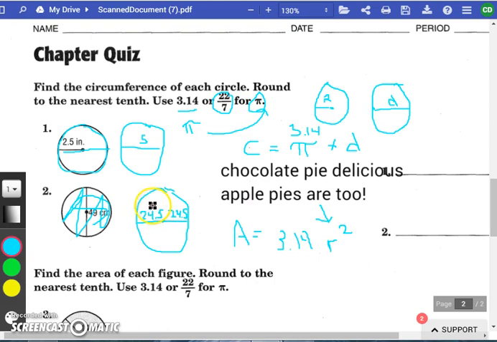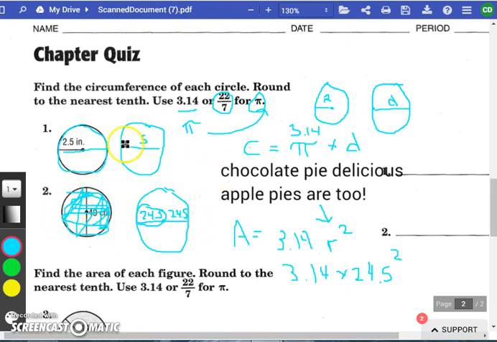Well, the radius, as you can see here, is 24.5, and once again, they didn't give you the radius, they gave you the diameter. What we would do is multiply 3.14 times 24.5 squared. So you multiply 24.5 times itself and then multiply it by 3.14, and that'll tell you the amount of space inside this circle.